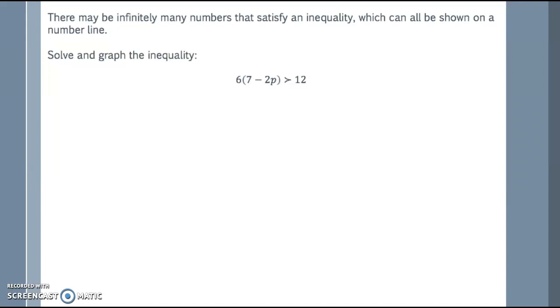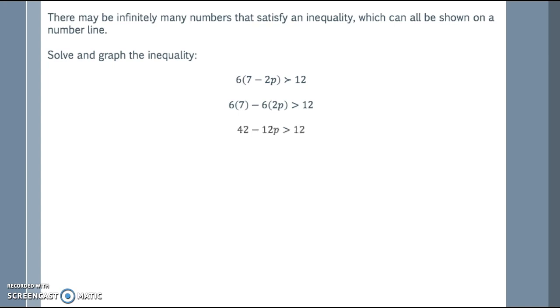There may be infinitely many numbers that satisfy an inequality, which can all be shown on a number line. We're going to solve and graph the inequality 6 times the quantity of 7 minus 2p is greater than 12. We'll first need to distribute the 6 through to the 7 and the negative 2p, which is still greater than 12.